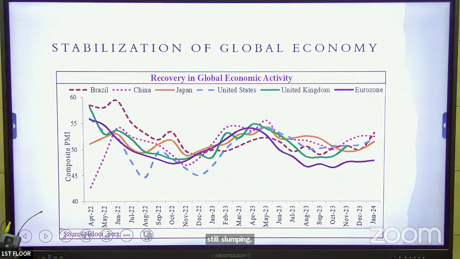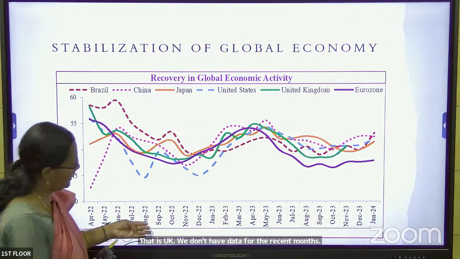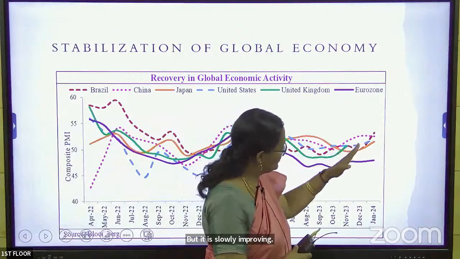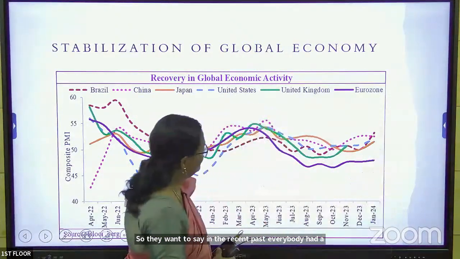China is having slow moderation, with ups and downs. The US had a very low in 2023 and then it's becoming better now. Eurozone and US are almost traveling in the same fashion. That is the UK. UK alone, they don't have data for the recent months, but it is slowly improving. So in the recent past everybody had a slump, but they are slowly increasing.